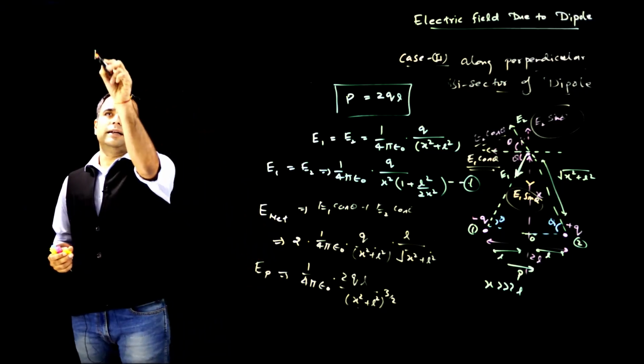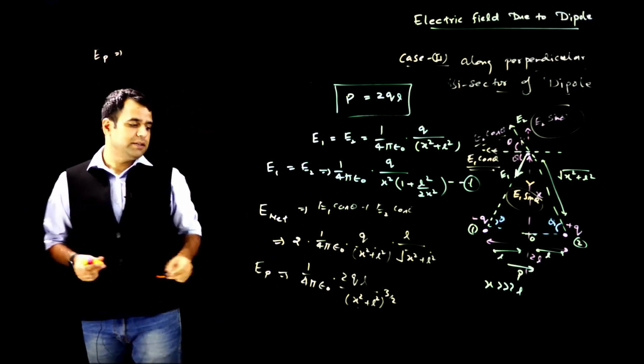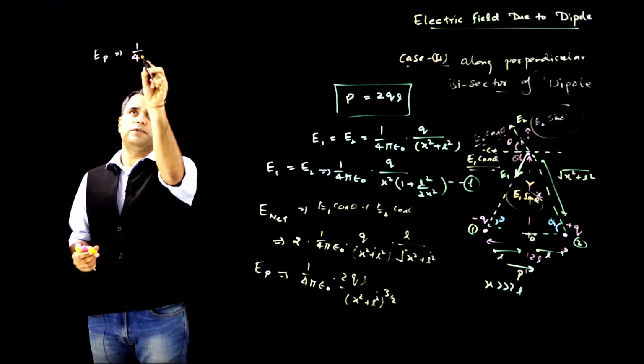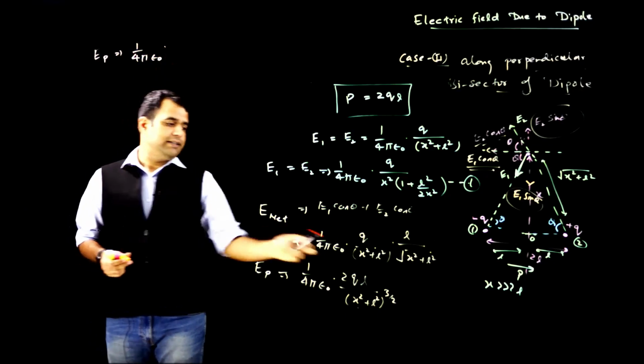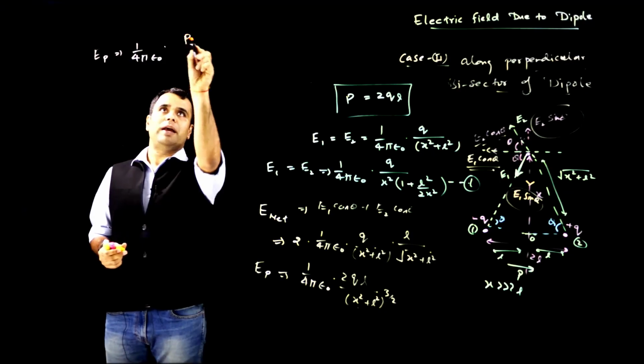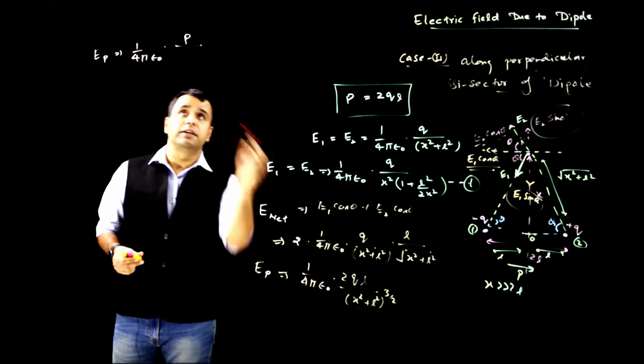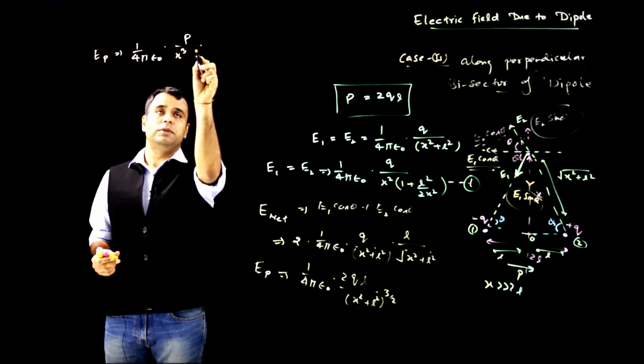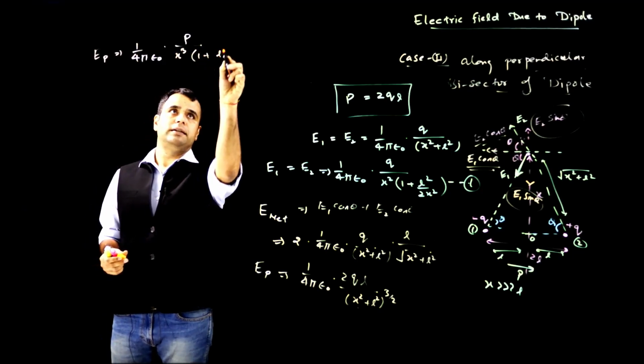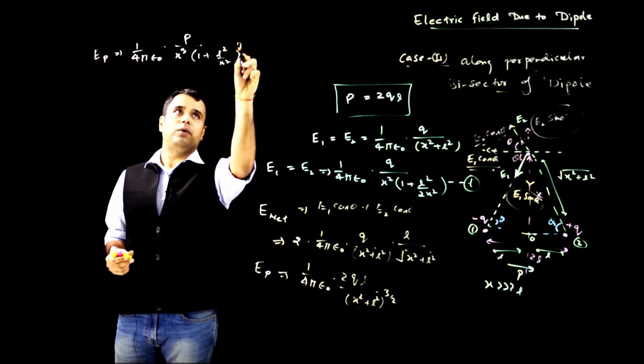Let's do a little bit of rearrangement. So 1 upon 4 pi epsilon naught, and this is 2QL, and 2QL becomes p, magnitude wise. And I'll take x common from here. If I take x common, it will become x cube, and that is 1 plus L square upon x square power 3 by 2.